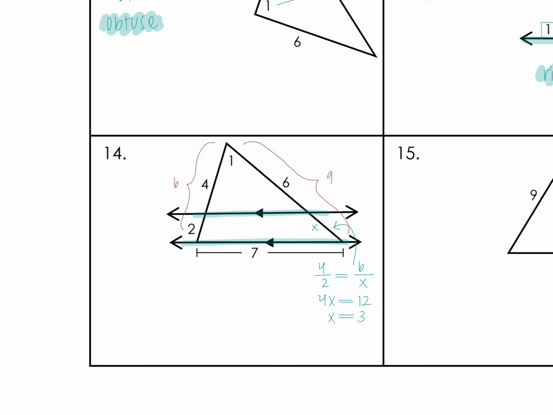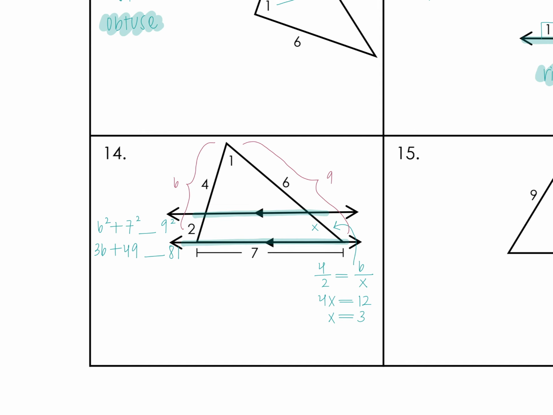So with that being said, I'm going to plug in. We'll have that 6 squared plus 7 squared, and then our 9 squared. So 6 squared will give me that 36, plus 7 squared is 49, and then my 9 squared is 81.